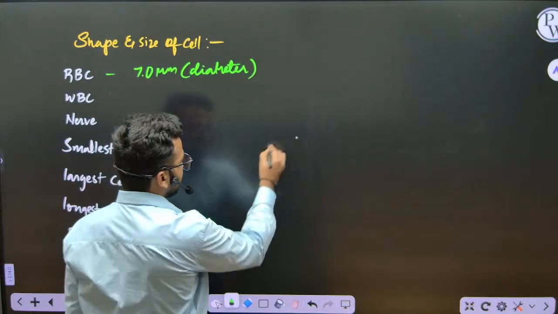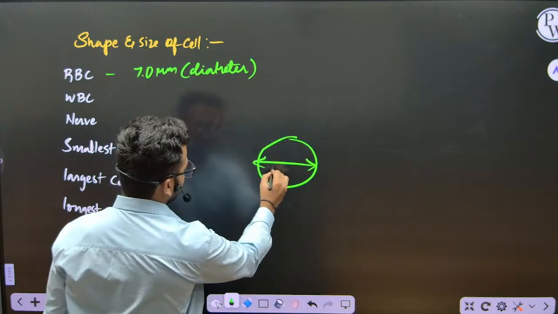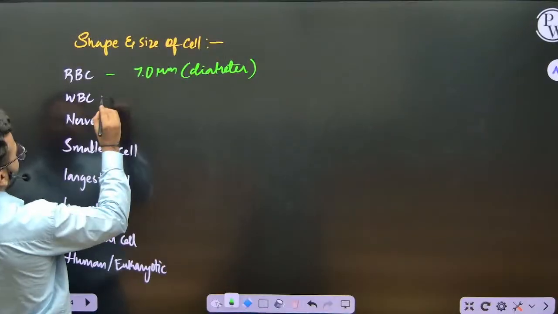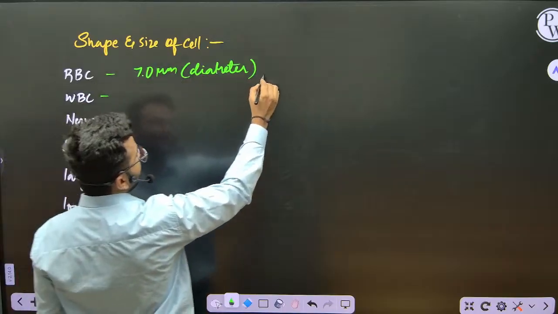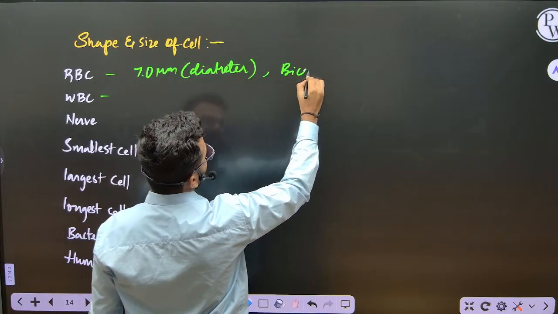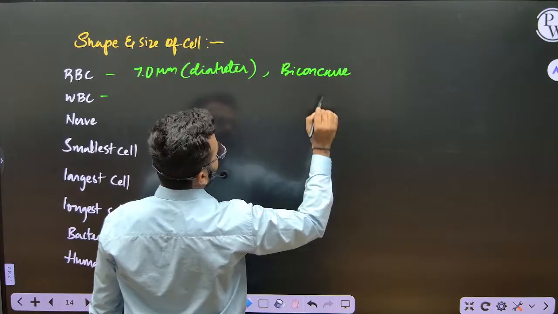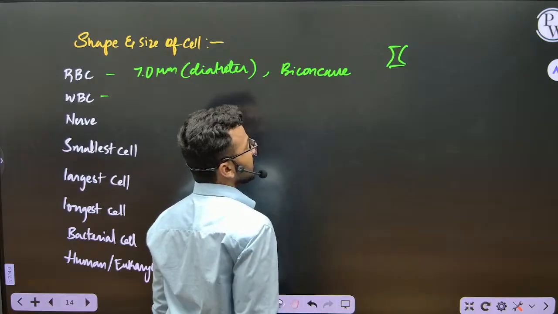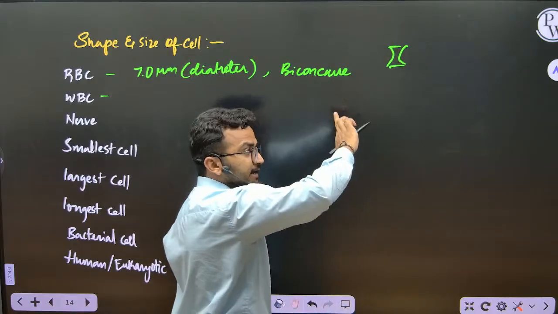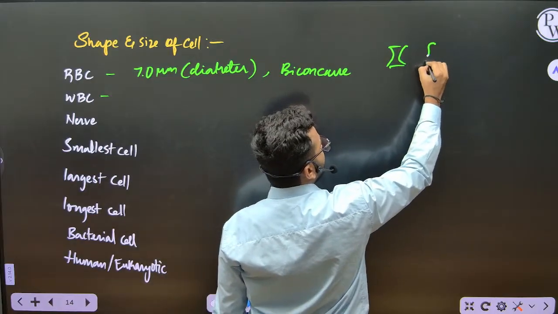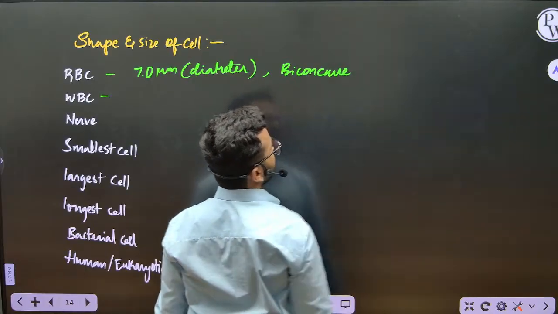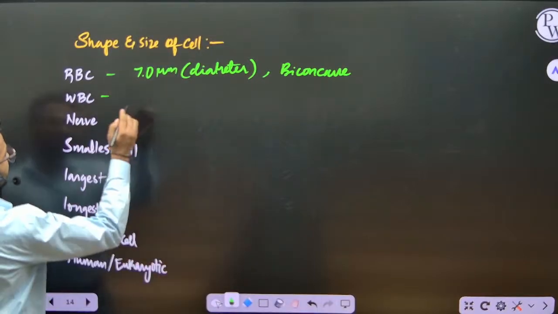With respect to the shape, the shape of RBC is biconcave. Biconcave means on both sides it has a concave shape. Usually it will not be directly visible like this, but the biconcave shape has concavity on both sides. So that is biconcave shape.